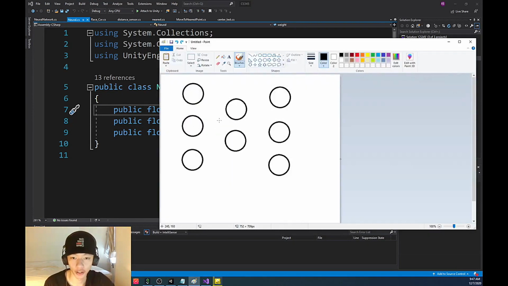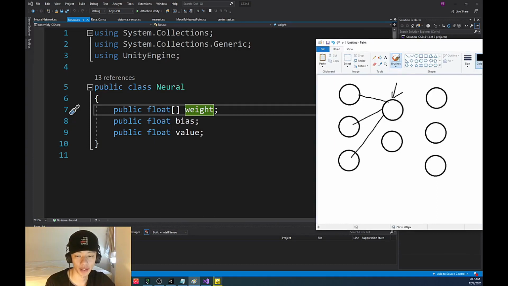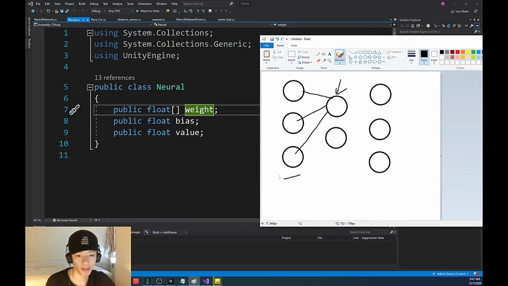For example, for these neurals, the weight array stores all these three weights, and the value is equal to the sum of weight times value, where the value is the value in these three neurals, and finally plus the bias.